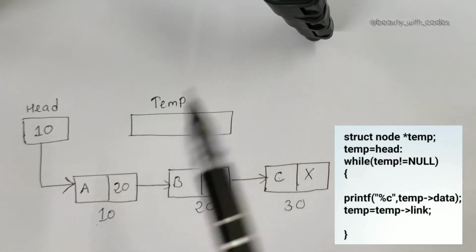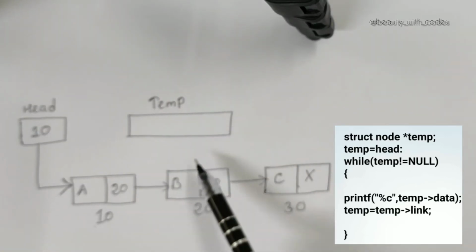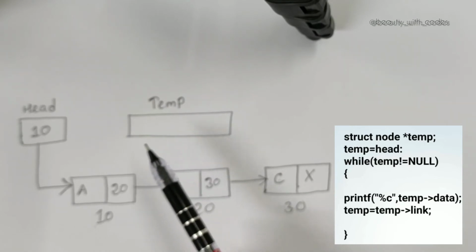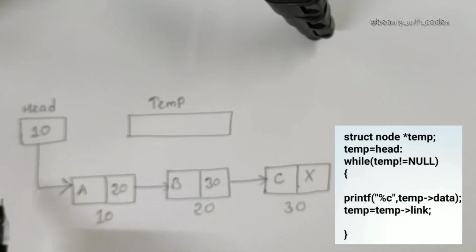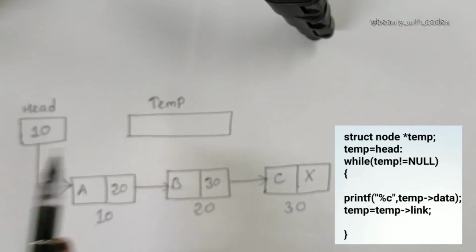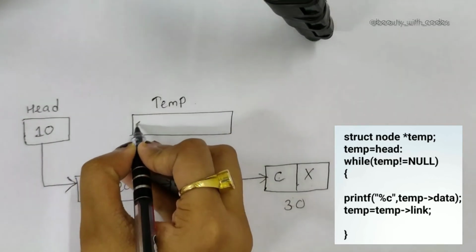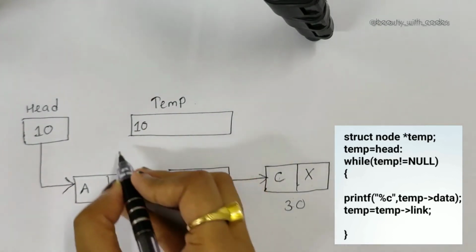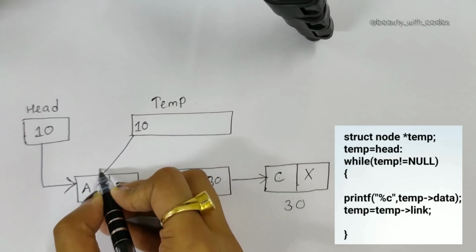Initially, in the first line, temp is equal to head. It means whatever the value of head is, that is going to be the value of temp. So initially the value of temp is 10, meaning temp is now pointing to the first node.